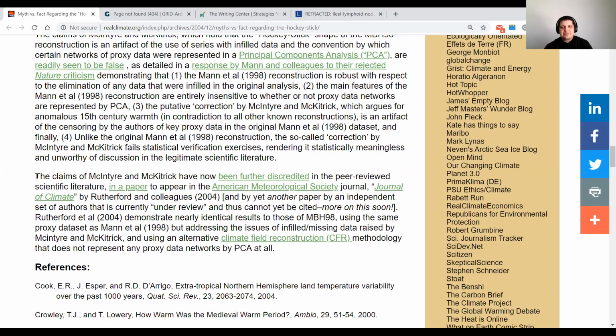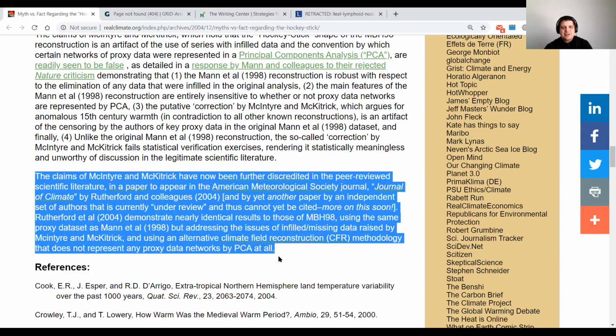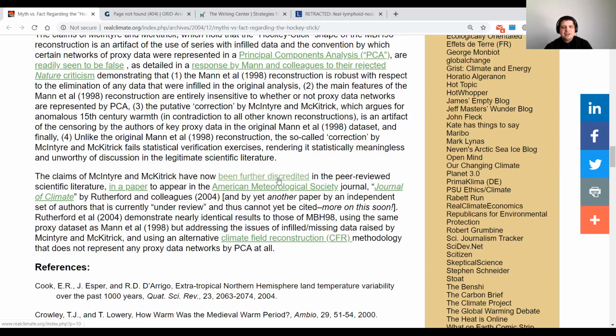Even as Mann emphasizes science and logic and reason, he puts that in emotional context. He wants this to make an emotional impact on his readers by saying these have been discredited in the peer-reviewed scientific literature, the real literature in his view, and that they don't hold up to those scientific standards.